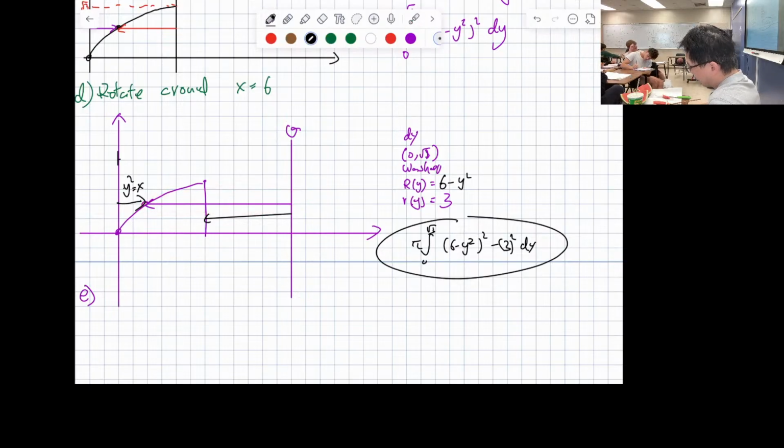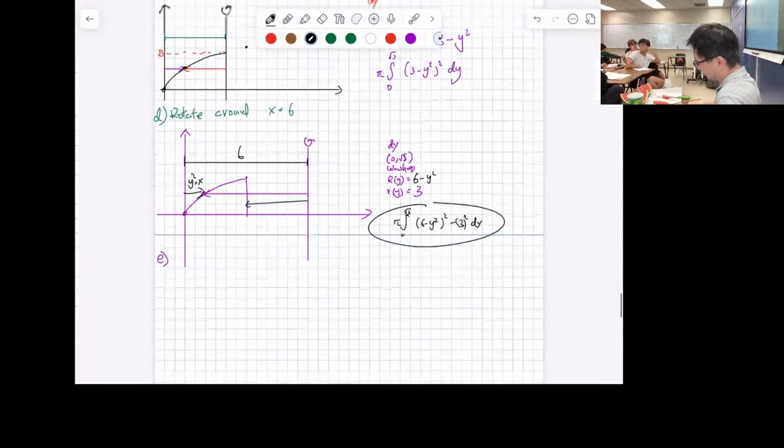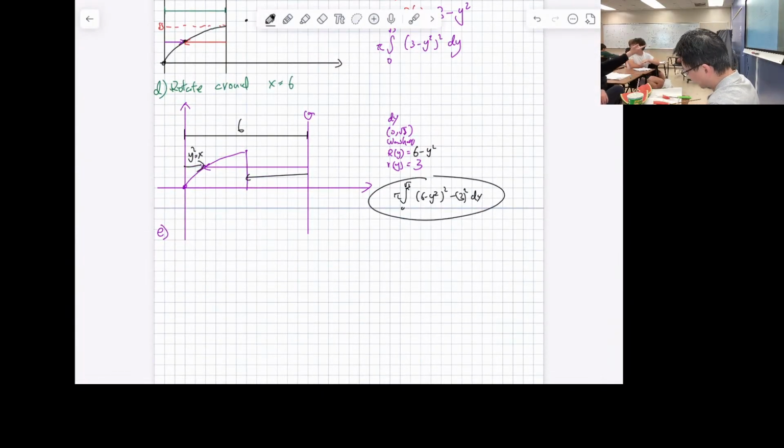We need to figure out the whole thing first. The whole thing is 6. So 6 minus y squared is going to give me the purple, because if I take the whole thing and take away the function, I'm going to get the axis of rotation to the function. It's just like a ruler. One thing is 15, you can subtract. Exactly.